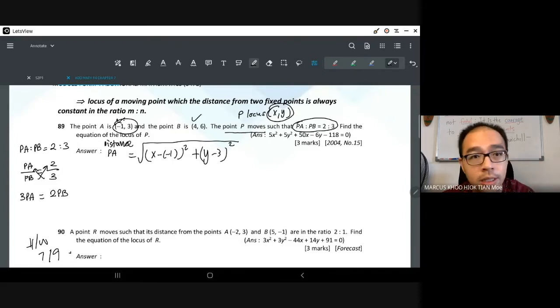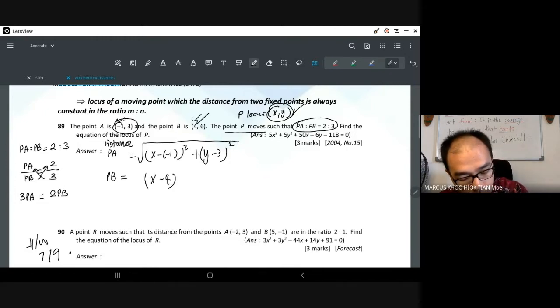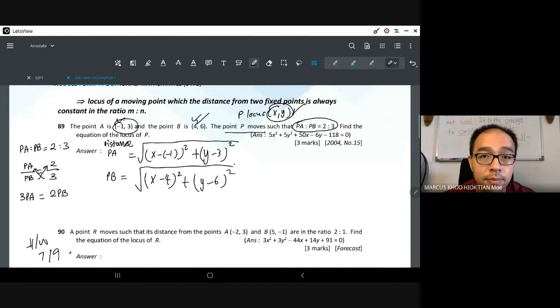If you did the homework yesterday, it should be no problem for you. Next, kita cari distance PB, P and B. So it will be the square root of (x minus 4) squared plus (y minus 6) squared, the whole thing. So far so good?